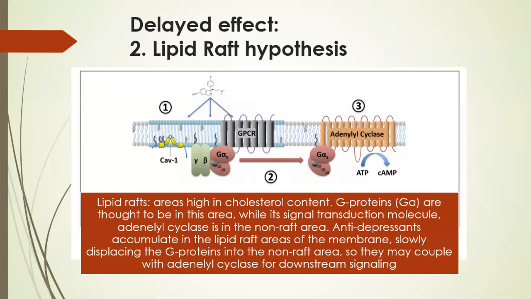What happens is that when you treat the patient with antidepressant drugs, these drugs get deposited on the membranes and sort of displace the GPCRs back to the same plane where the G-alpha molecules are. So it connects them again, and upon binding with the ligand of the GPCR, the downstream signaling pathways are able to follow.